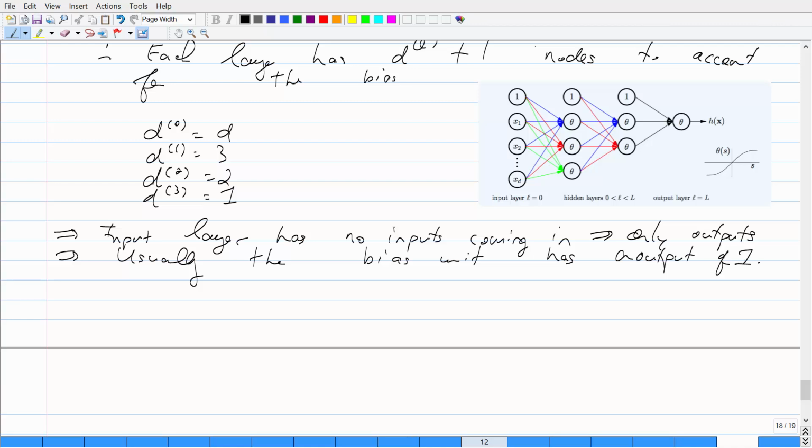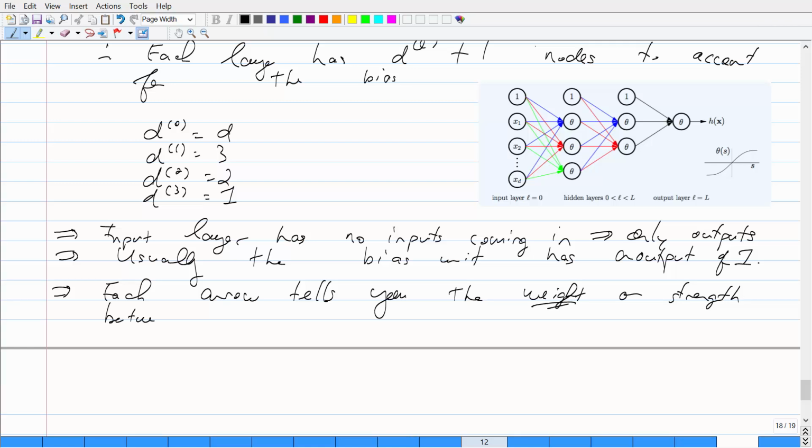Okay, just a couple more notes. Each arrow tells you the weight, or strength, between a node in one layer and a node in the next higher layer.